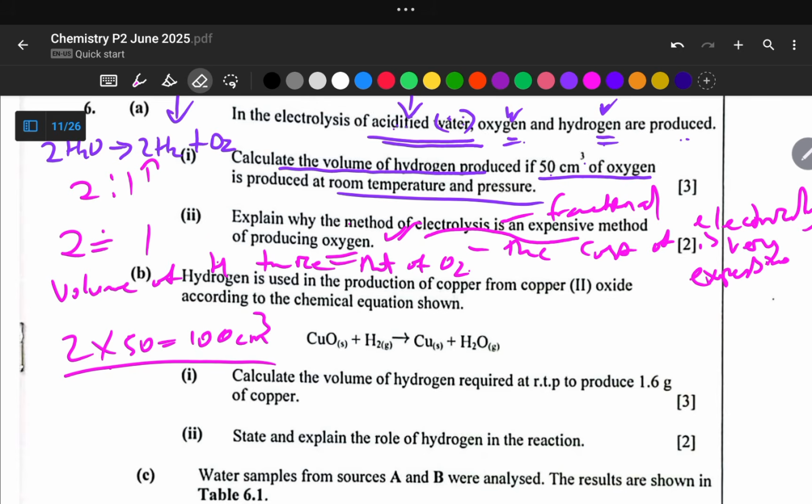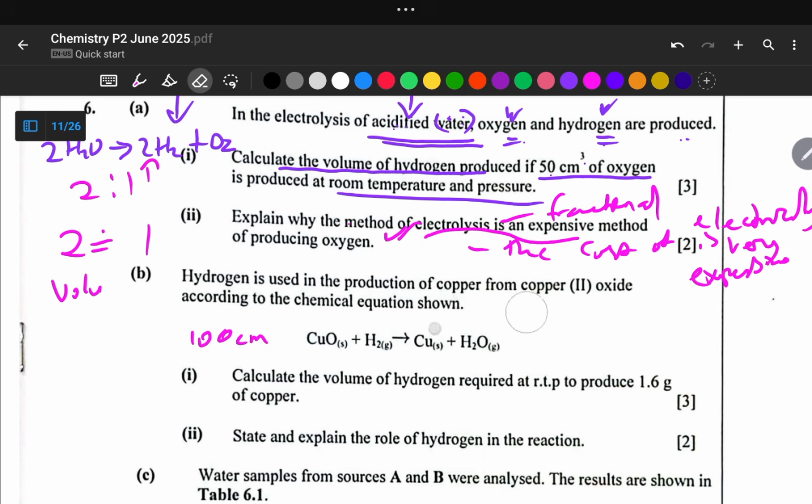Let me clear so that we can easily see. The next part says hydrogen is used in the production of copper from copper oxide, according to this chemical equation. From this equation, you can deduce that this is a displacement reaction.